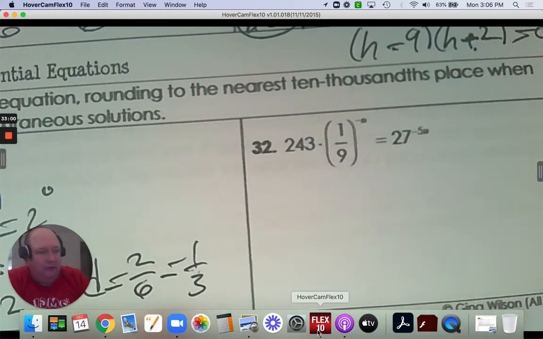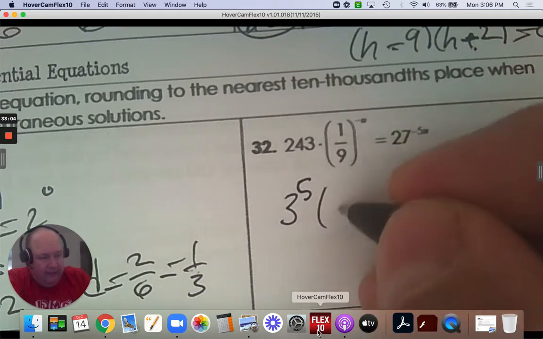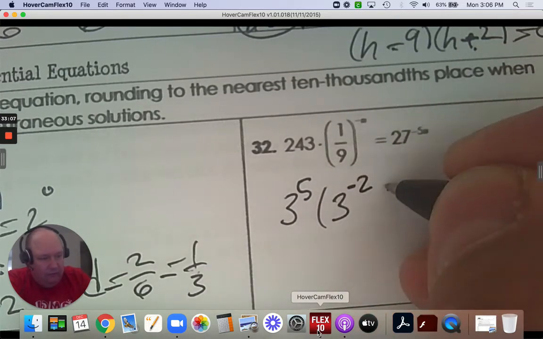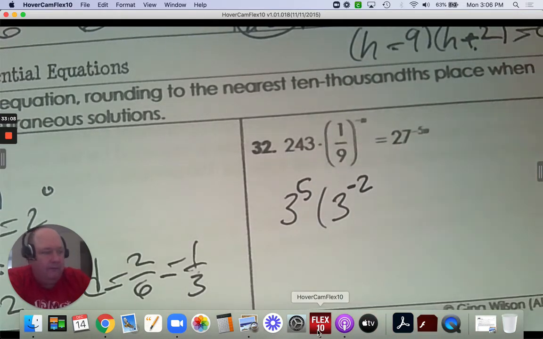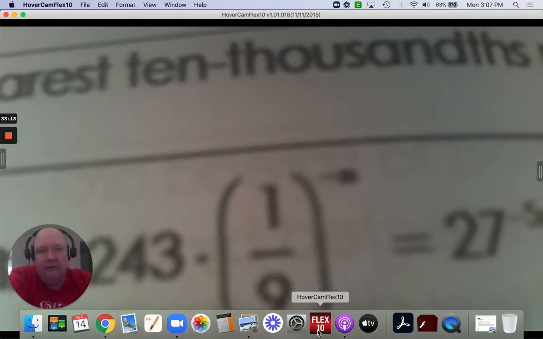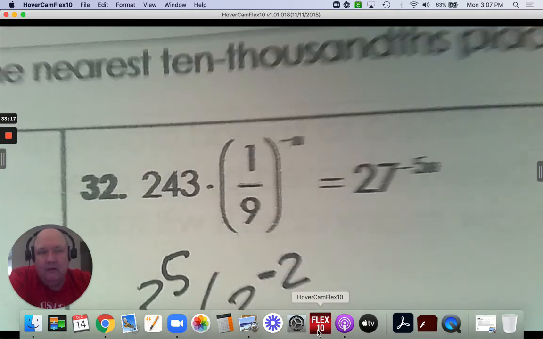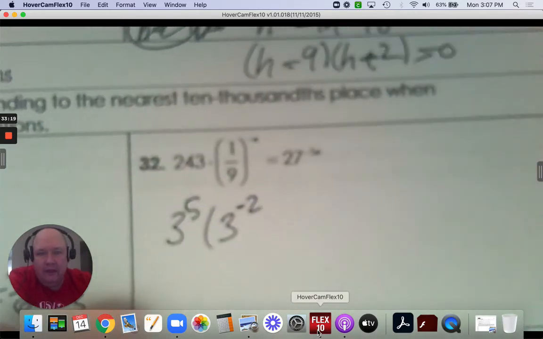For number 32, common bases, that's going to be 3 to the exponent 5. That's 3 to the negative 2. And there is a negative m. I just got to make sure I can see that. That's a negative m, right?